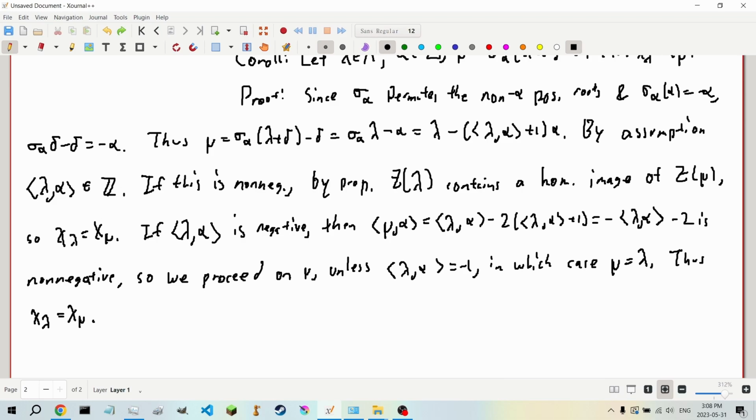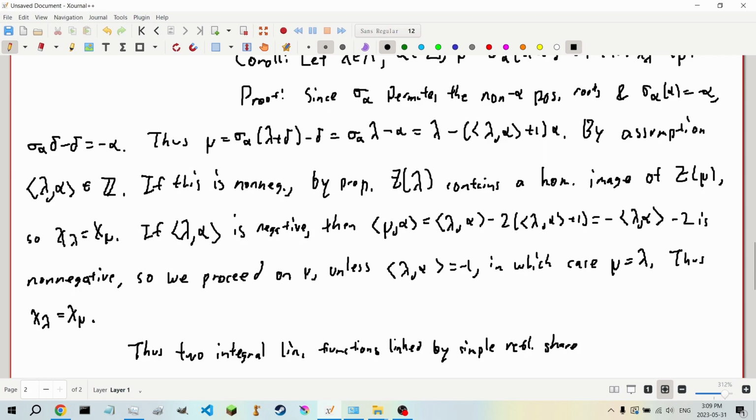I'm not going to write this out. Because our linkage is transitive, and because our Weyl group is generated by simple reflections, we can give ourselves another corollary. Actually, let's write this all out. Linked by a simple reflection share a character, because this is going to be the pre-work for our next proposition.